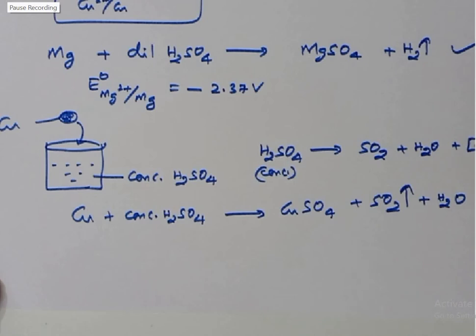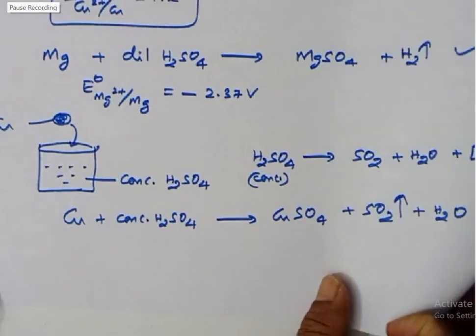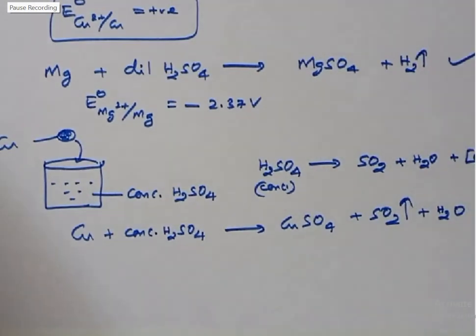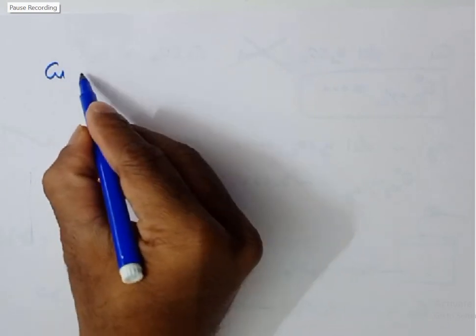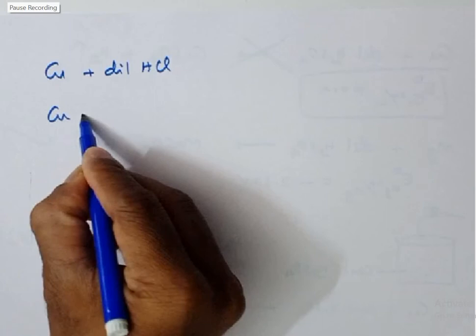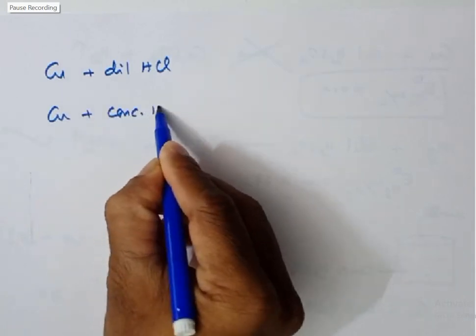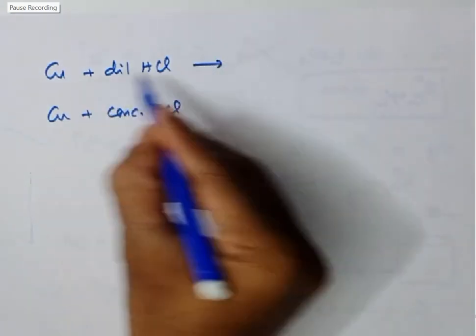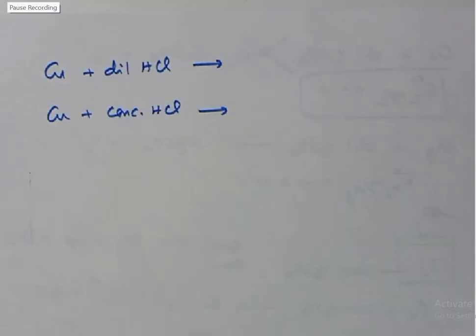Yes, sir. Good. Now, in the same line, I'll give one more piece of information. Now, students, see, I'll take copper. I'll put copper in dilute HCl, and I'll put copper in concentrated HCl. Can copper displace hydrogen gas from dilute HCl?